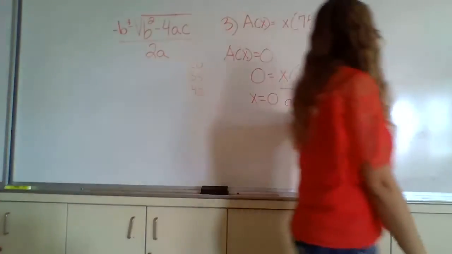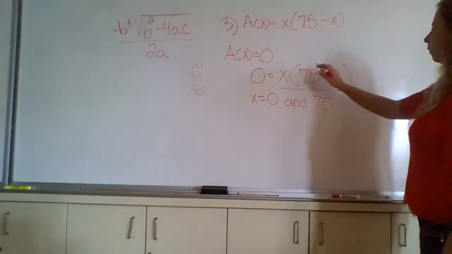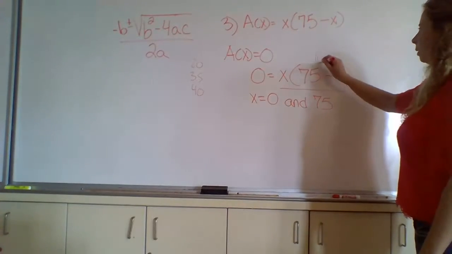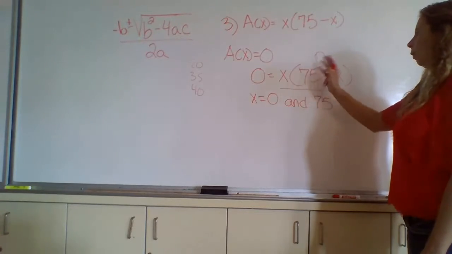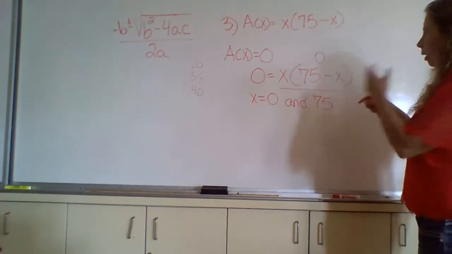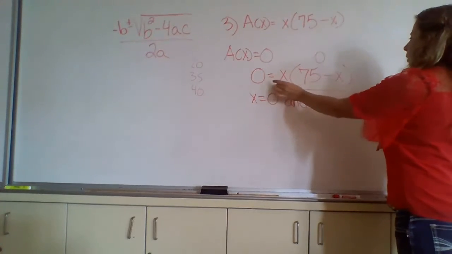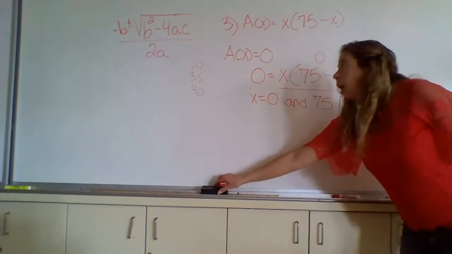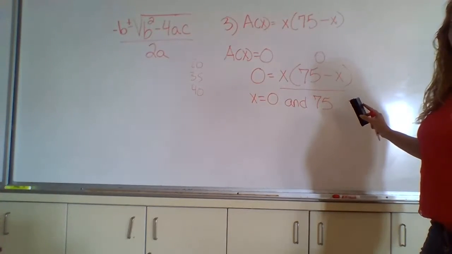Okay. If I substitute 75 in here, 75 minus 75 is in fact 0, which would make 0 times whatever still be 0. So as long as one of your factors is equal to 0, the whole thing will be equal to 0. All right, so those are your answers for D.